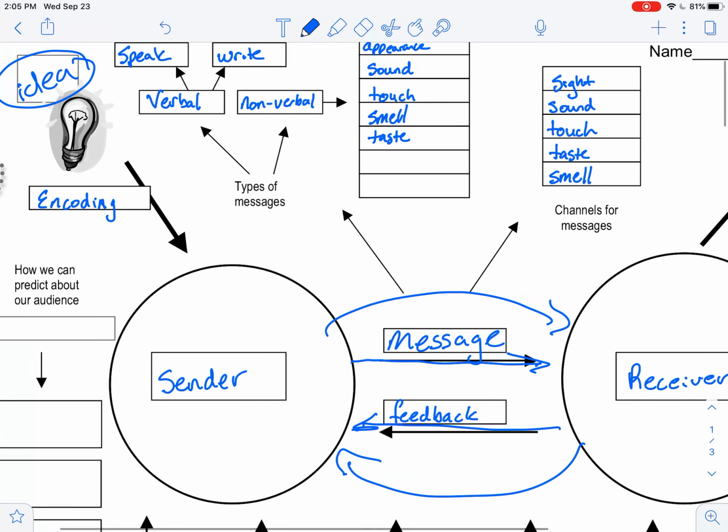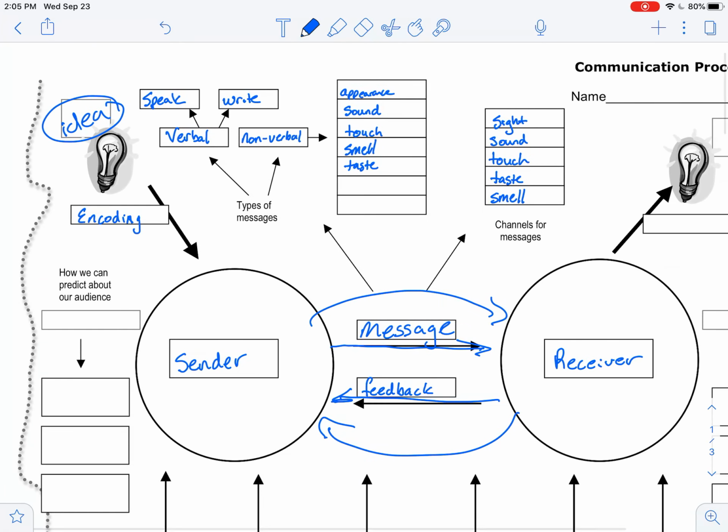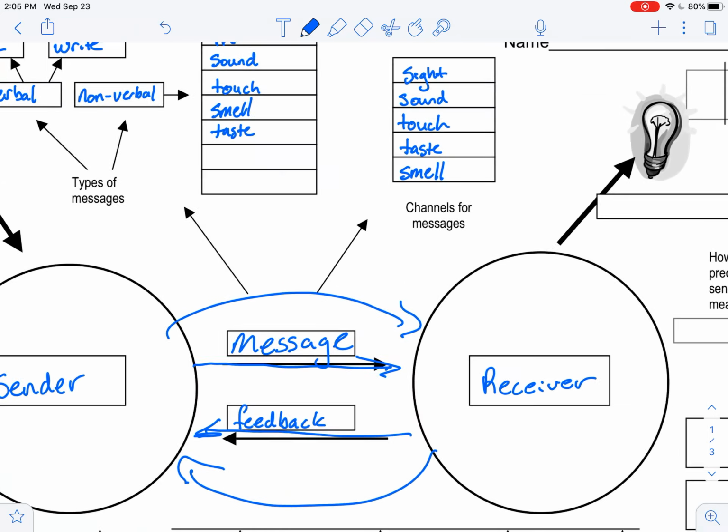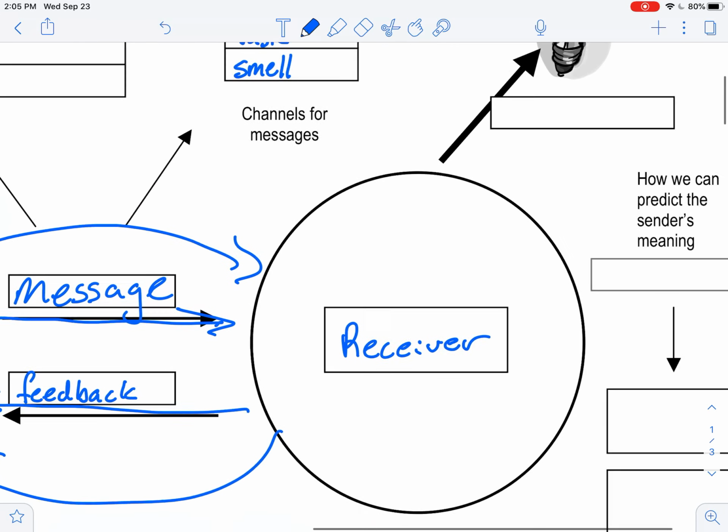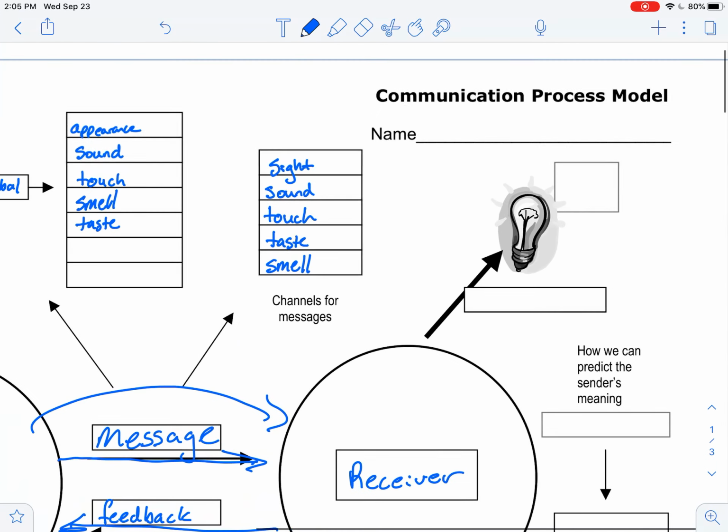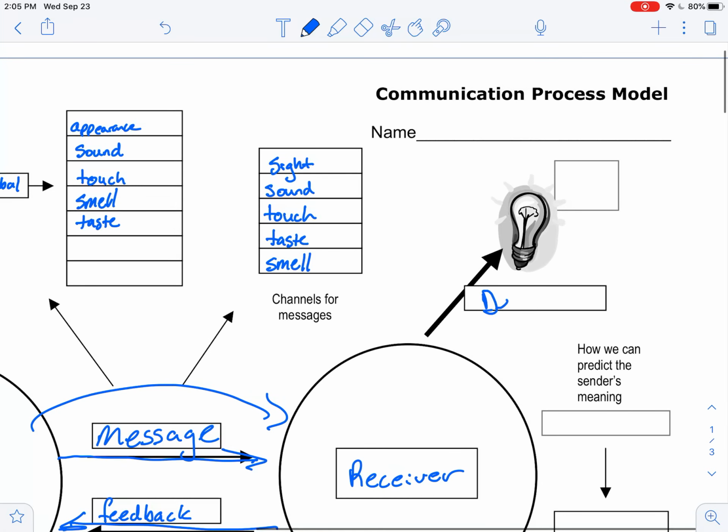Right. So let's recap. You come up with an idea. You encode it, meaning you choose the type of message, the verbal, the nonverbal, all of that stuff, and then you send it through a channel. The receiver then takes that message and they have to decode the message.